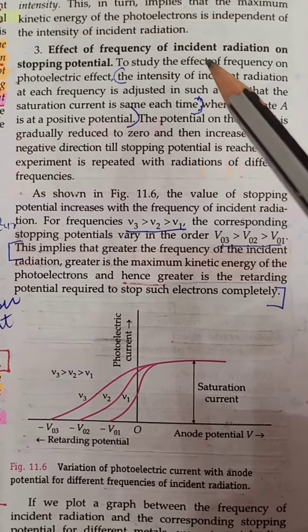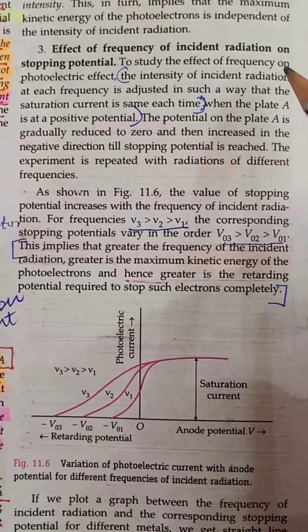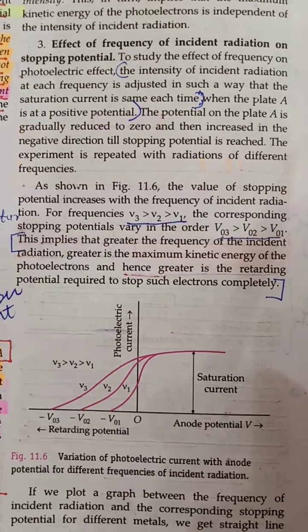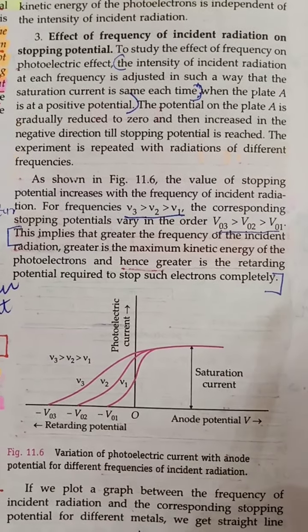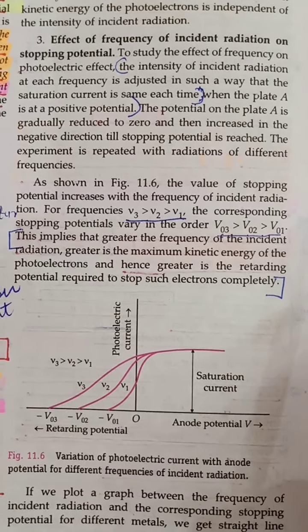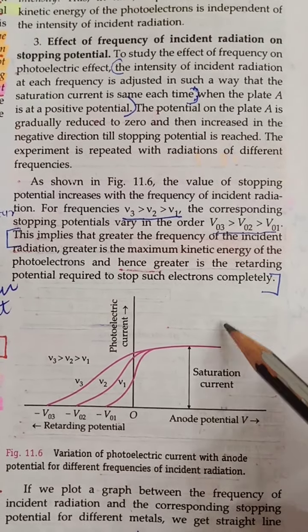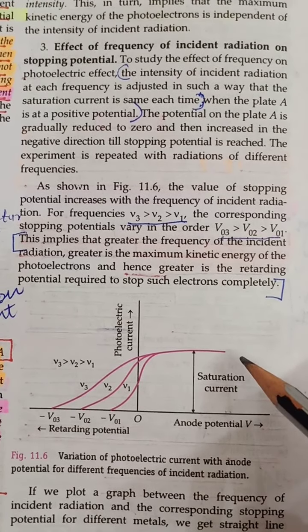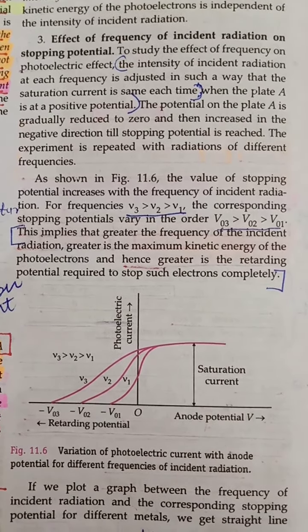Next is the effect of frequency of incident radiation on stopping potential. The intensity of incident radiation at each frequency is adjusted in such a way that the saturation current is the same each time when the plate A is at positive potential.